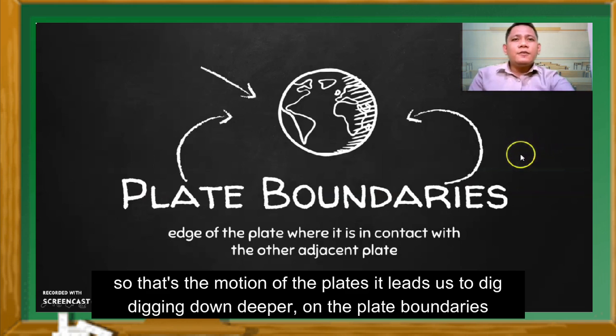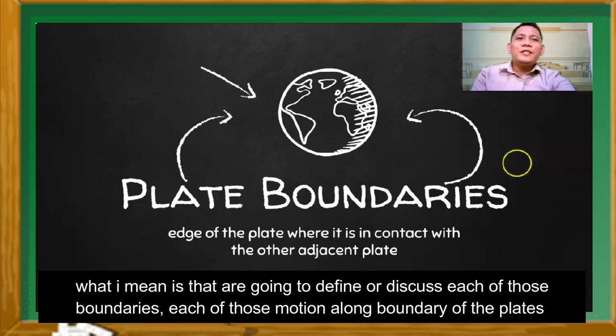And it leads us to digging deeper into the plate boundaries. We're going to define and discuss each of those boundaries, each of those motions along the boundary of the plates.